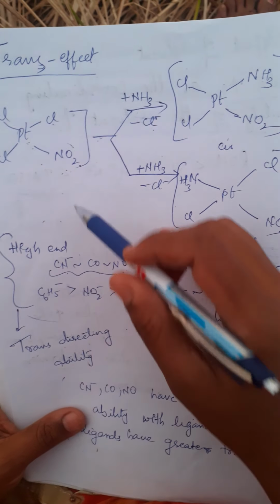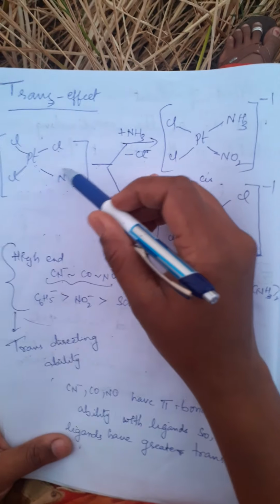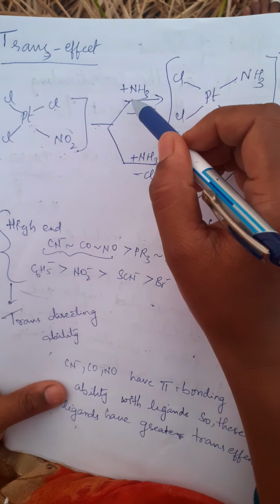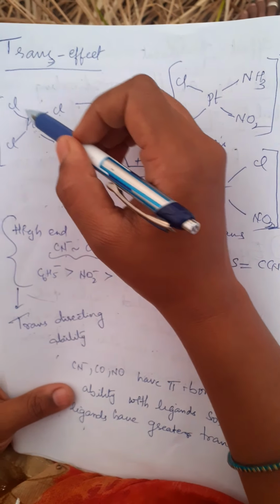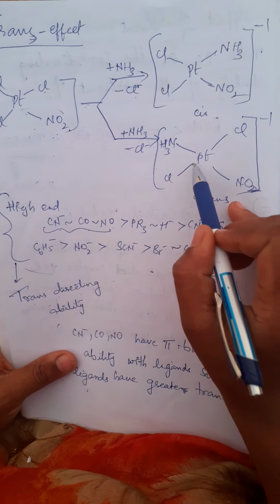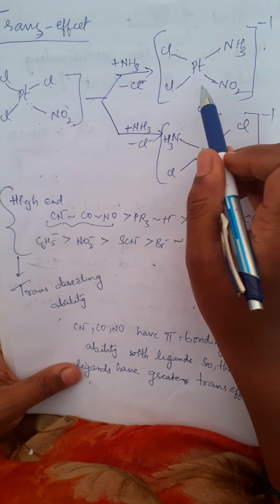So in this case, when the nitro group is attached to the platinum, usually the trans ligand will be substituted. So in these two complexes, the trans compound is the major compound rather than the cis.